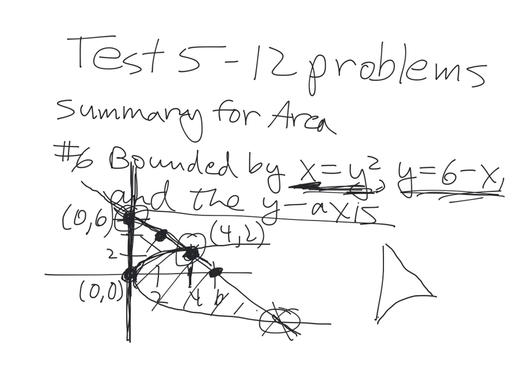Now, in this case, do we want to look at it in horizontal or vertical terms? Okay. If we go vertical terms, we have the top would be what? 6 minus x. Okay, y equals 6 minus x. And the bottom would be what? Y squared. Okay.